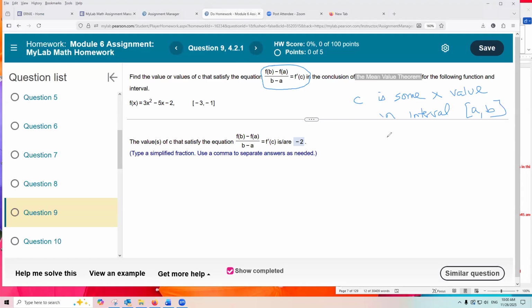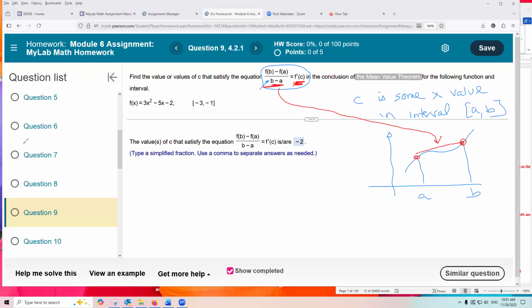What it's saying is if you had a graph that does something like this, and you think about this slope calculation, let's make this A and this B. The slope calculation is really giving you the slope of the line connecting these two points. So this part of the equation is the slope of the line. What it's telling you is at some point on this curve, the slope of the tangent line must equal that same slope of the red line.